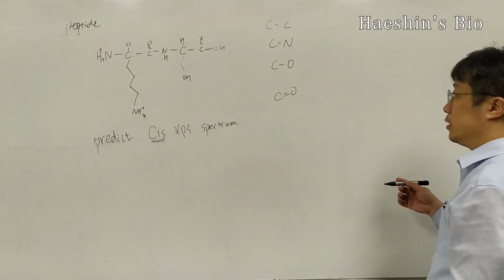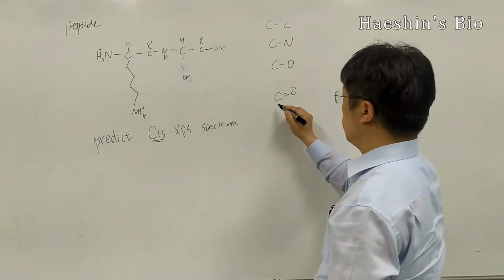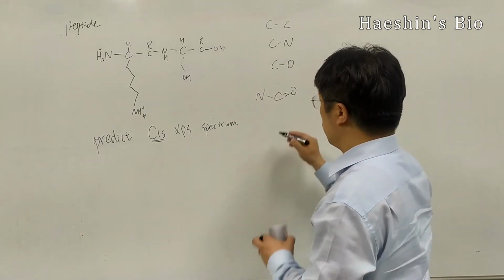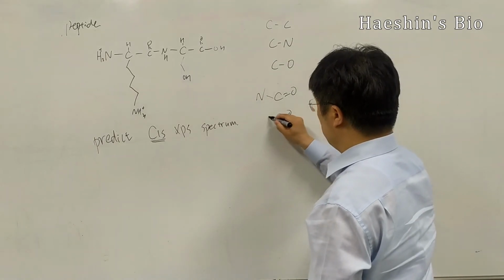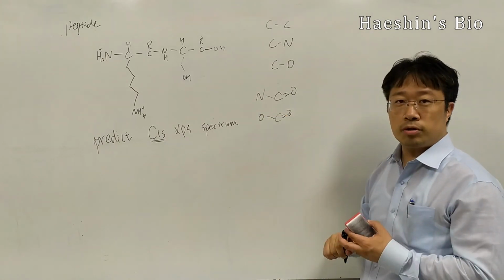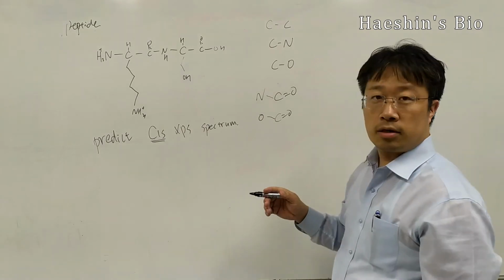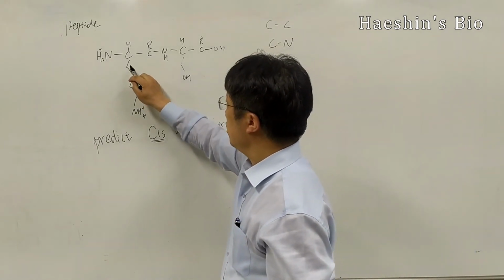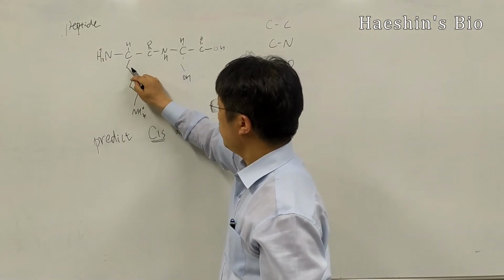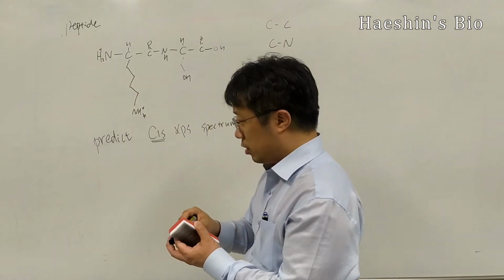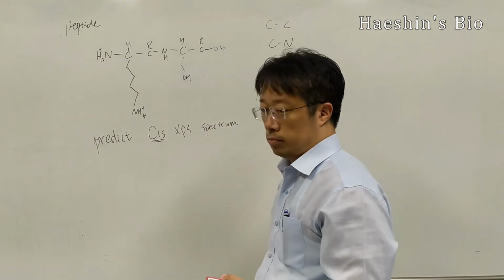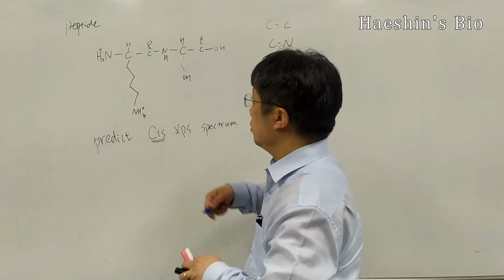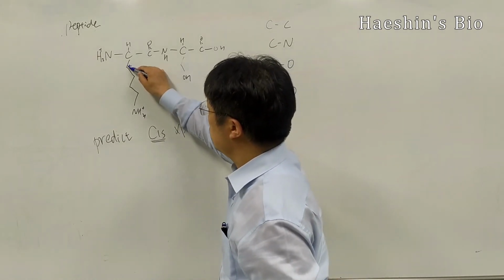But since this is a peptide, maybe CON or COO, for example. This might be all the types that we can come up with. So this CC case is maybe the blue one. So this is CC.